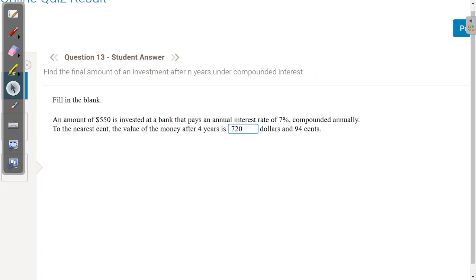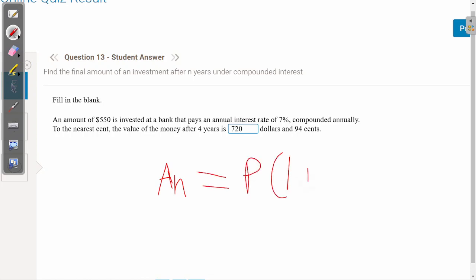An amount of $550 is invested at a bank that pays an annual interest rate of 7% compounded annually. The value of the money after 4 years is what? Okay, for money and compound interest, the rule is A_n, which is the money after n years, is equal to P, the original money, times 1 plus R over 100 to the power of n.